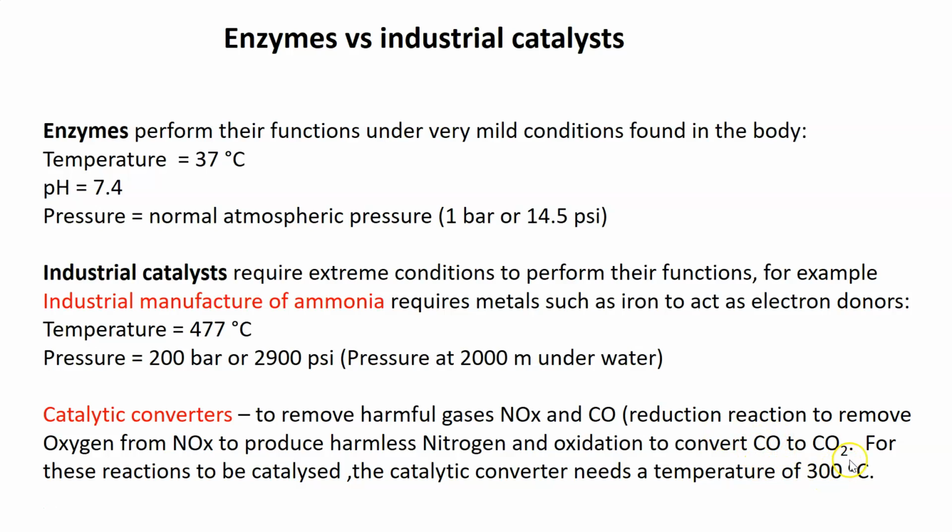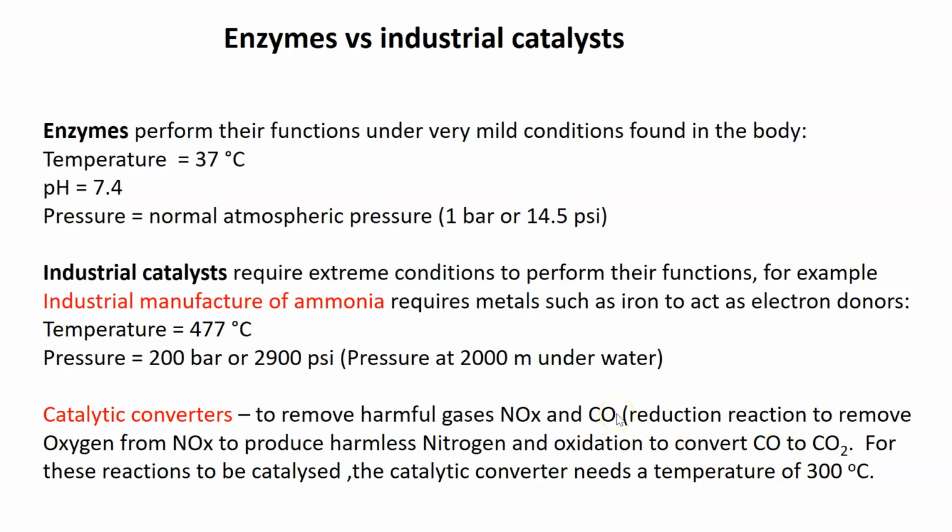Okay, but anyway, back to the point. For the catalytic converter to do these reactions, the catalytic converter needs to reach a temperature of up to 300 degrees Celsius. So if your converter doesn't reach these temperatures, the rate at which nitrous oxide is reduced and the rate at which carbon monoxide is oxidized to produce carbon dioxide doesn't happen really quickly.